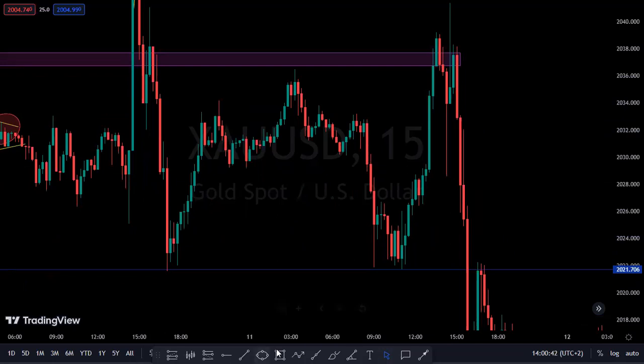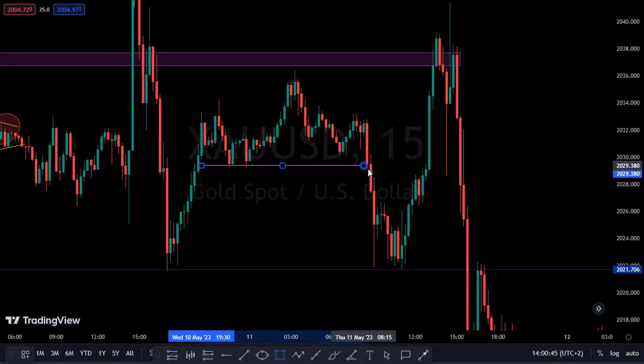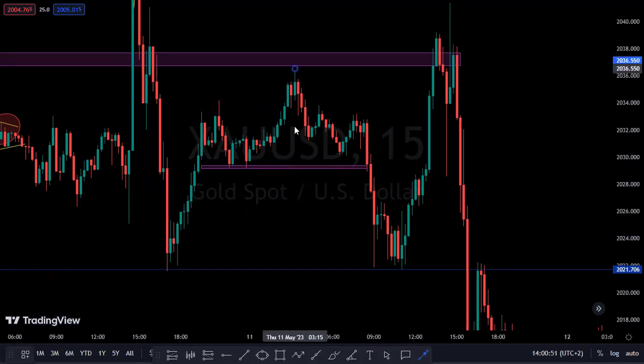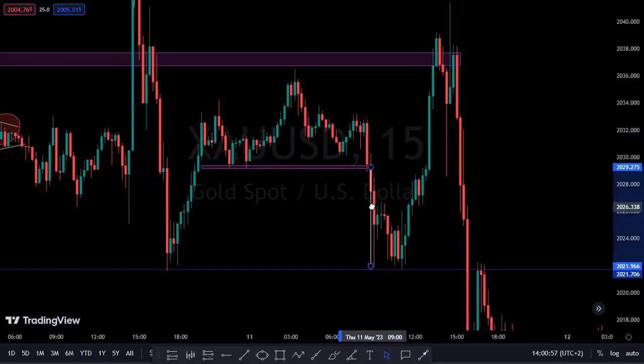Now, you will be learning how to trade your head and shoulder setup. If you're going to use your tool again, measure the distance from your head to your neckline, and then say if you take your entries below after this breaking out of your neckline, this is where you're going to be taking your profit.